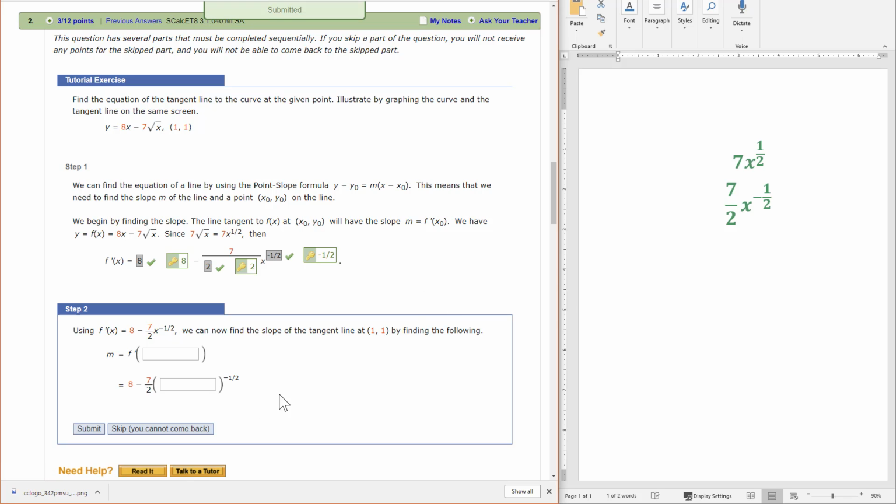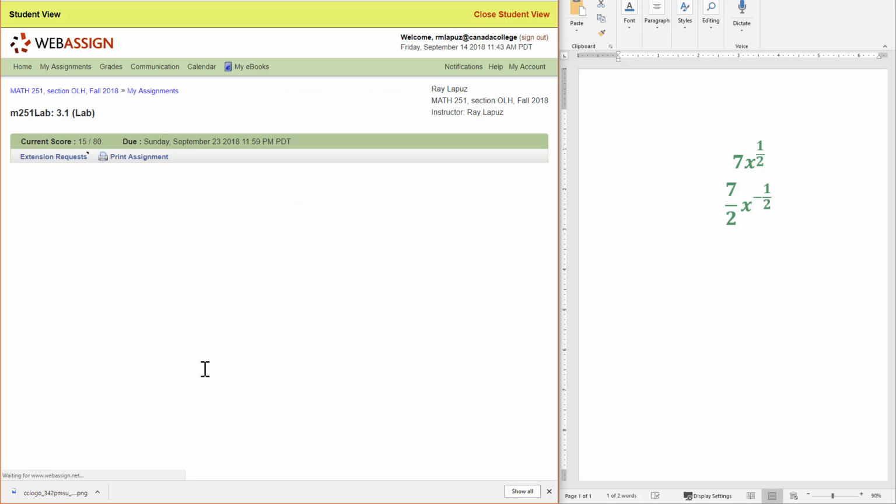And what we want to do after we find this derivative is to find the slope, we have to put the value of 1 in here. So the value of 1, we're looking at the x value 1. And we put that in here. Well, that's like putting a 1 in for x. So we get 7/2 and then a 1 in here. And then we have 8.